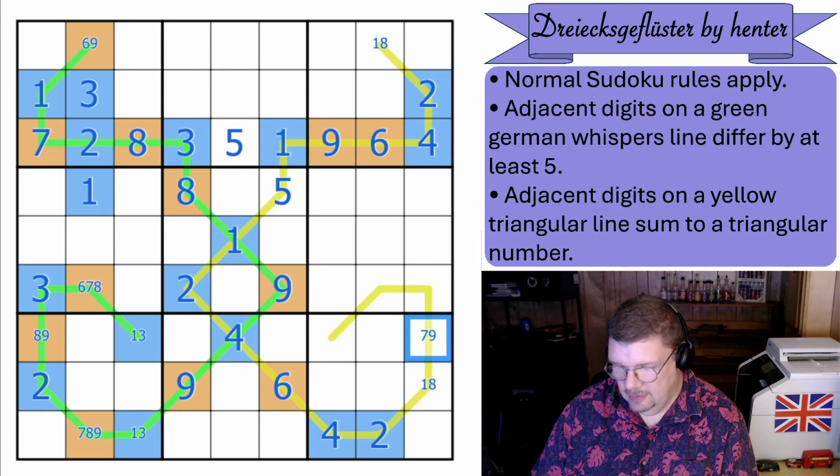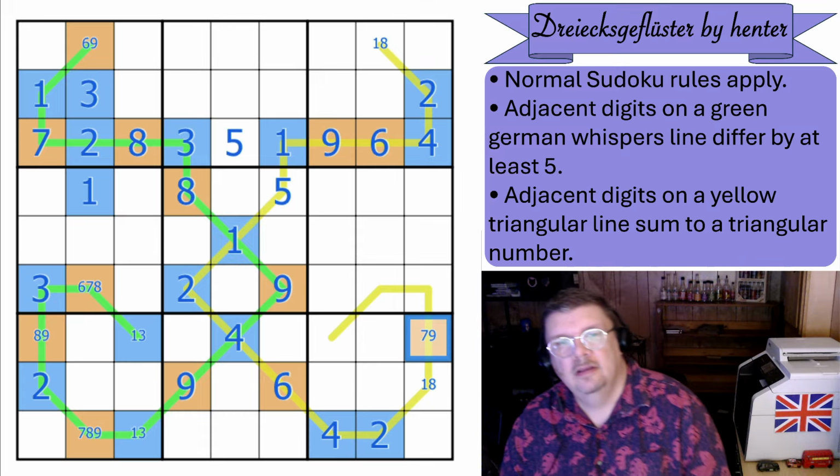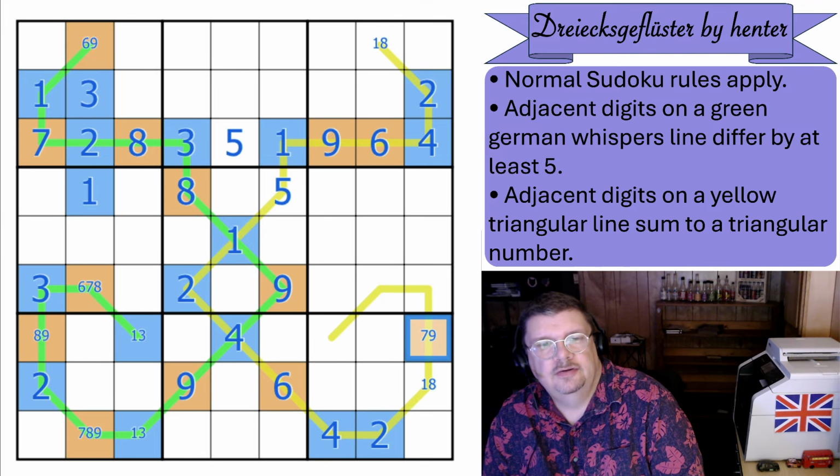So that is 7 or 9. I can at least mark that as being a high digit. Okay, 7 goes with 8 or 3.